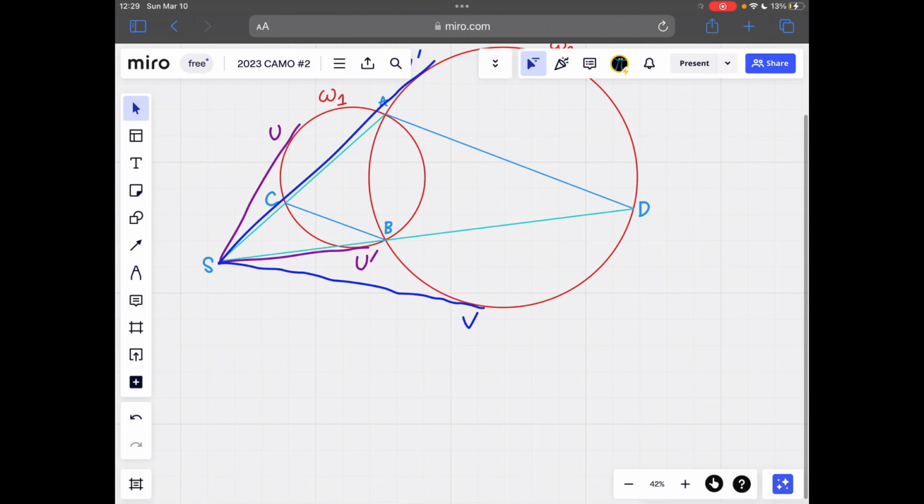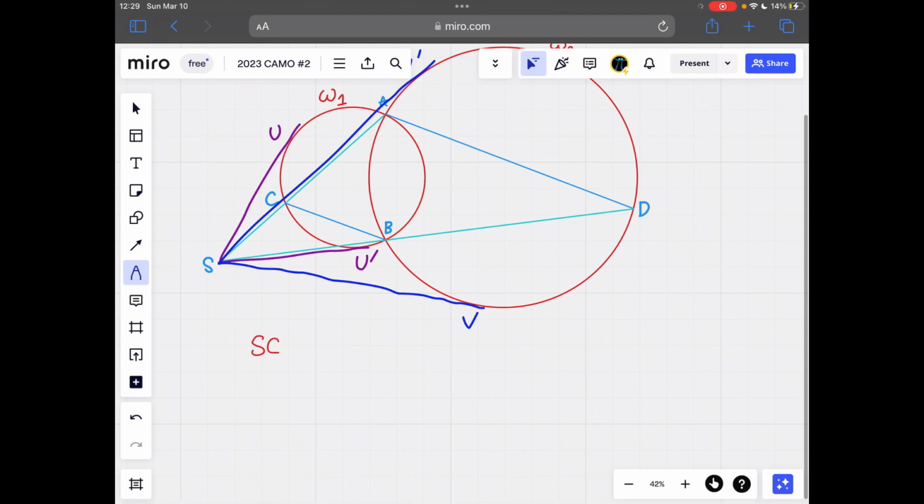And indeed, we see that the power of S with respect to omega 1 and the power with respect to omega 2, if we find those powers, we might be able to use the similar triangles somewhere. So let's do something related to that.